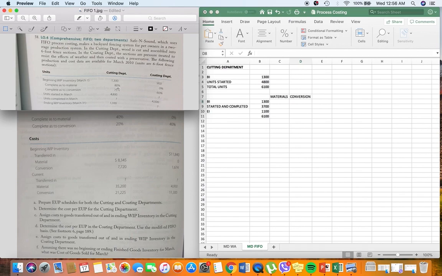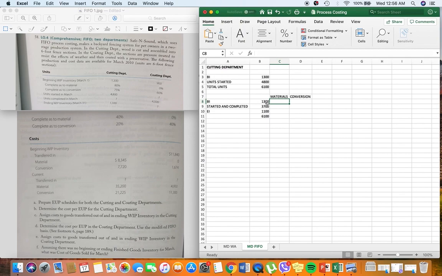So as mentioned here, the beginning inventory is 80% complete as to materials. So if it is 80% complete as to materials, this 80% was done last month, and we only need to add 20% of the materials to finish the beginning inventory units this month.